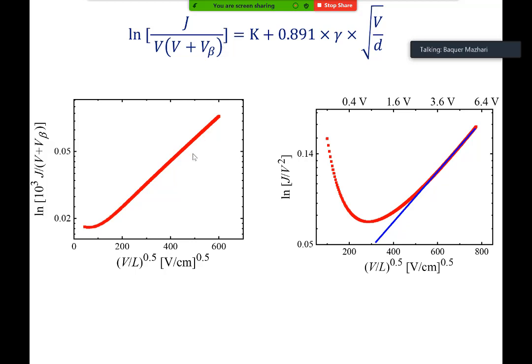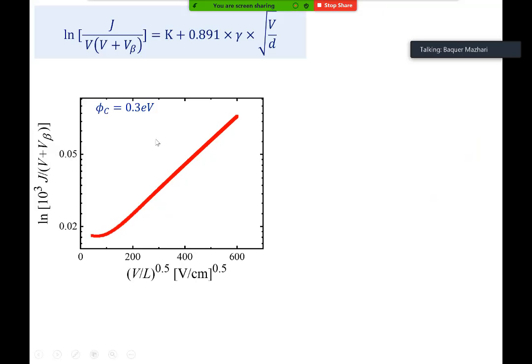Let me show you a simulation result first, where we took an asymmetrical case with a cathode barrier height of 0.3. We subject the simulation data to this expression, and we use V beta as a tuning parameter to get a characteristic which is as linear as possible, right?